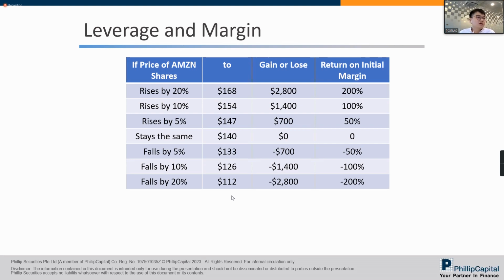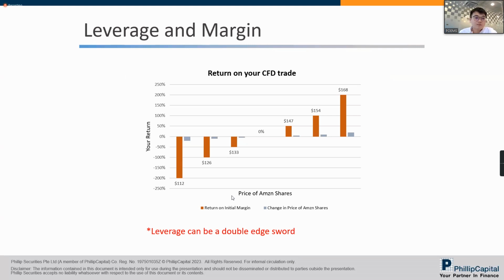If the price falls by 20%, then you will lose about 200%, as it is leveraged by 10 times. So you can also refer to this table on your CFD table. Leverage can be a double-edged sword. This one you all must remember. When you earn a lot, compare with the change in price of the Amazon share. You can all look at the table.